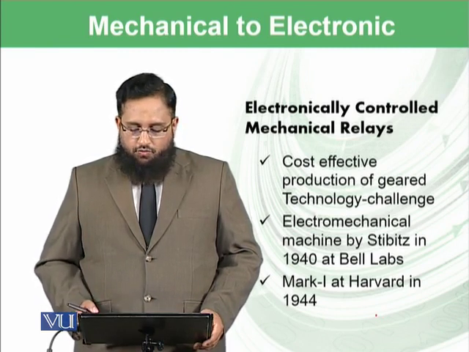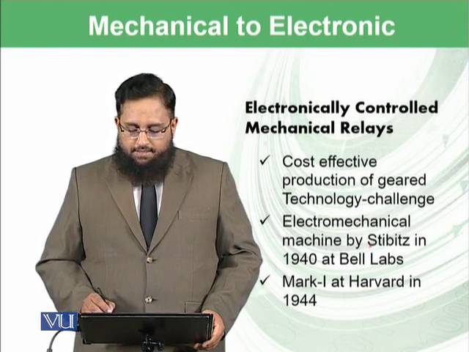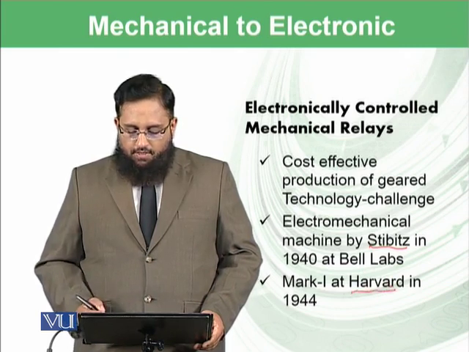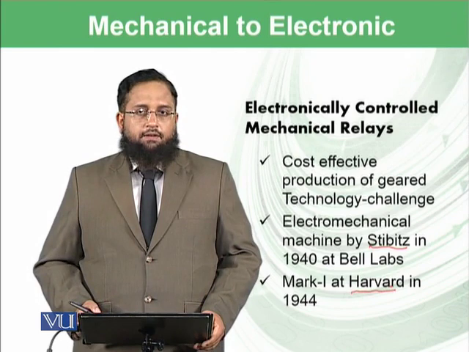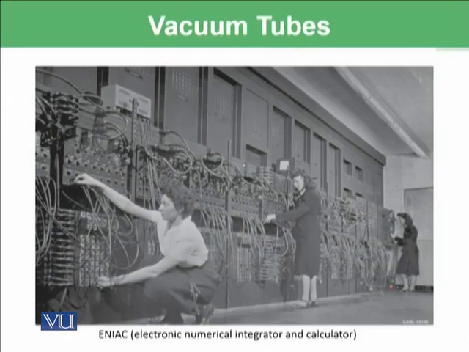In the meantime, there were some other efforts like those at Bell Labs, and another effort at Harvard. They made electromechanical devices, so they controlled relays electromechanically. And this is one of the computers of the early stages, known as the Electronic Numerical Integrator and Calculator.